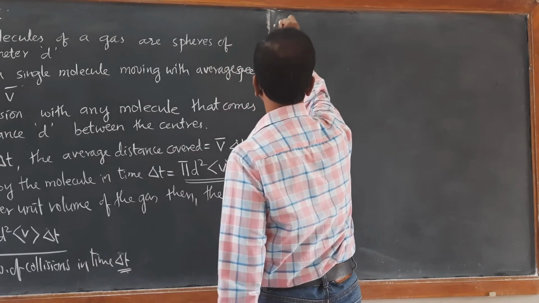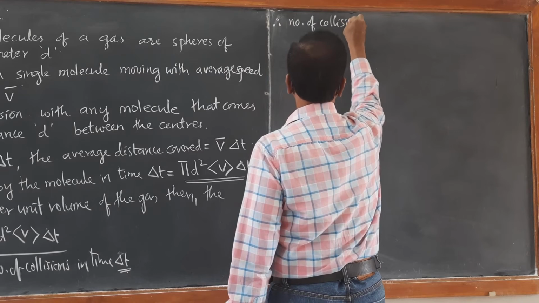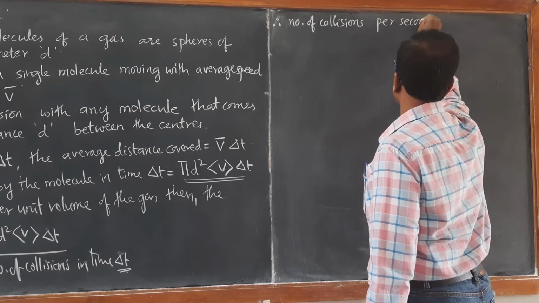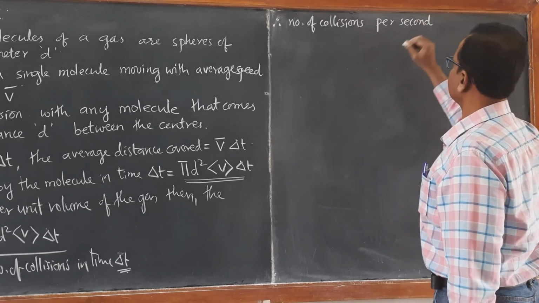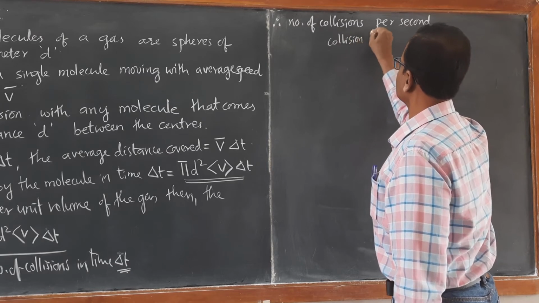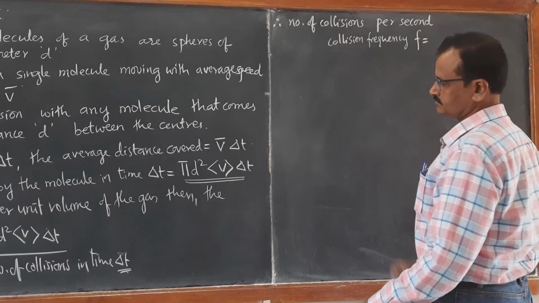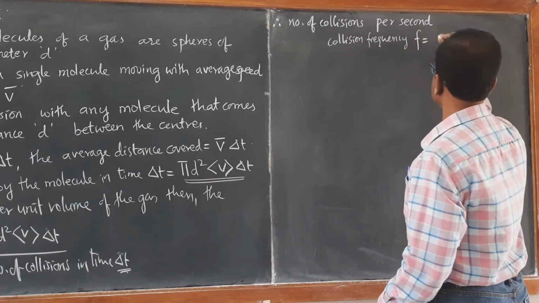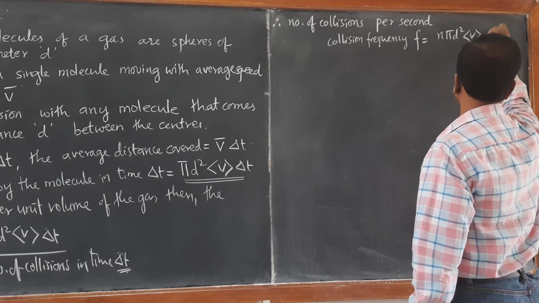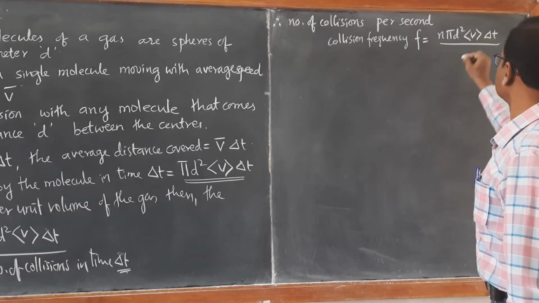Therefore, the number of collisions per second, which we call collision frequency, F is equal to n pi d square v delta t divided by delta t.